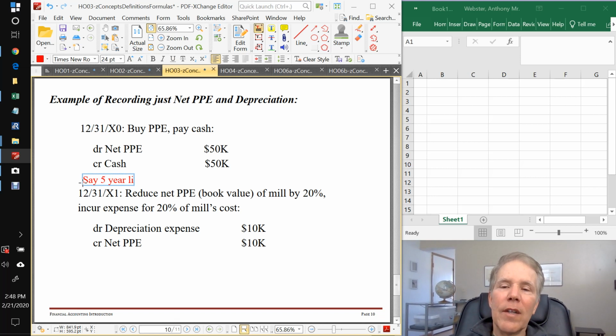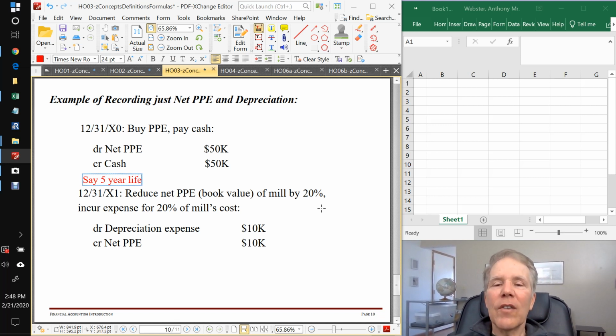So at the end of 1 year, we're starting at X0, we go to X1, that's 1 year later. We have to reduce the value of this by 20% because it's worn out by 20%. So our very simple way to do that is depreciation expense.